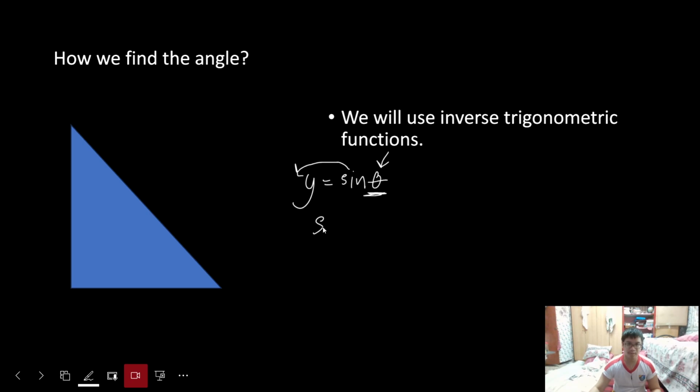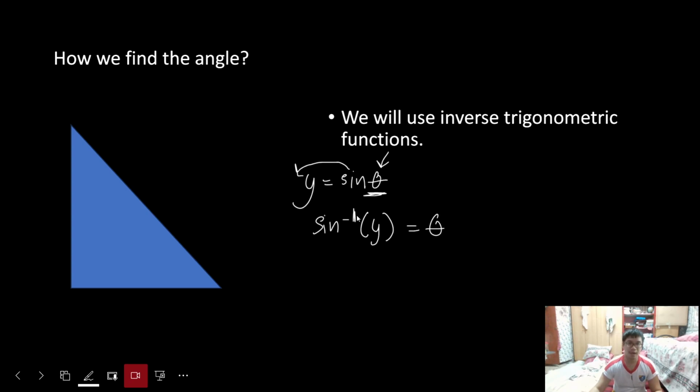So we will have sine, then a negative exponent of 1, then we have y as an input to the inverse function of sine, which is equal to theta.